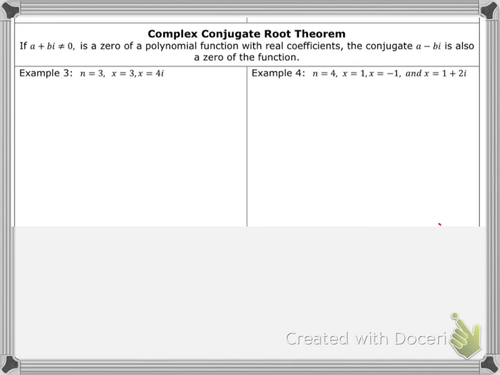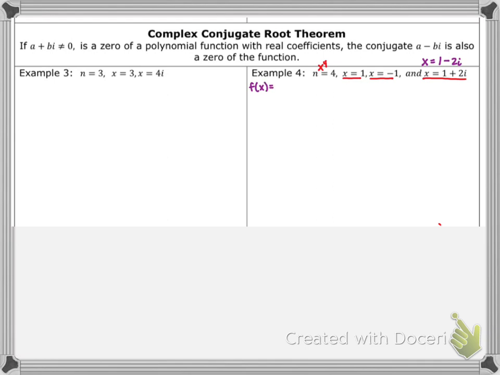I have n to the 4th, so that means we're going to have a 4th degree. I have x equals 1, x equals negative 1, but right here I have x is equal to 1 plus 2i. I also have the conjugate of that, so I should have x equals 1 minus 2i as well. So when I start writing my factors together, I need to include the conjugate.